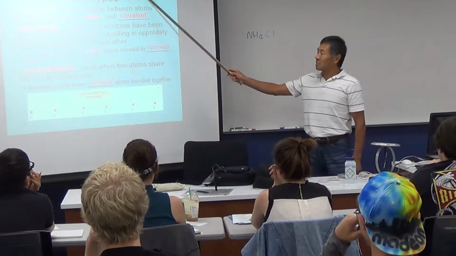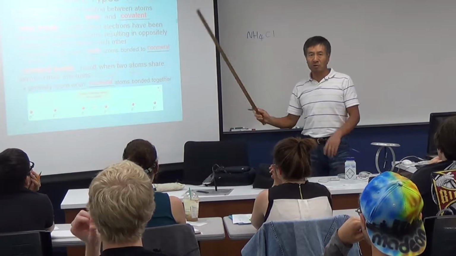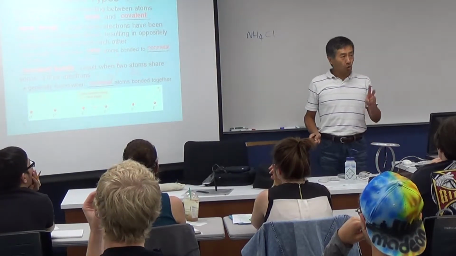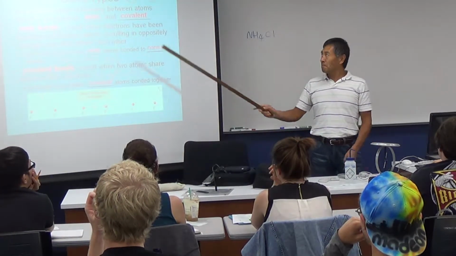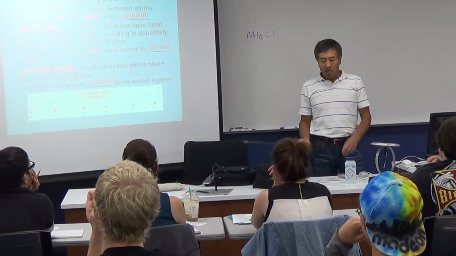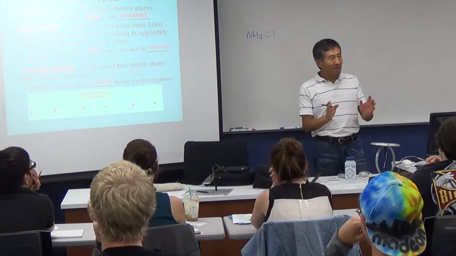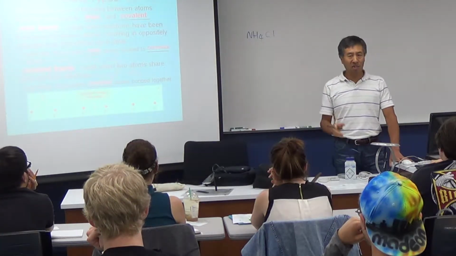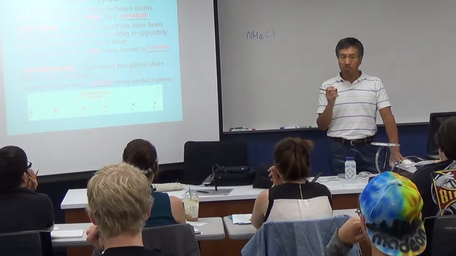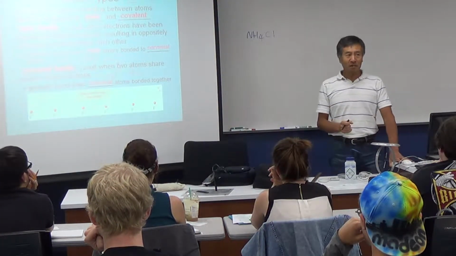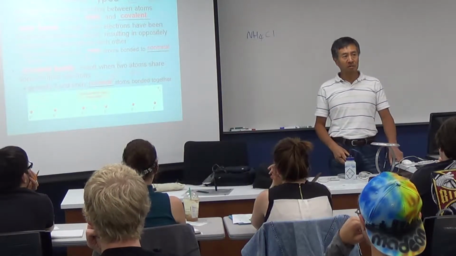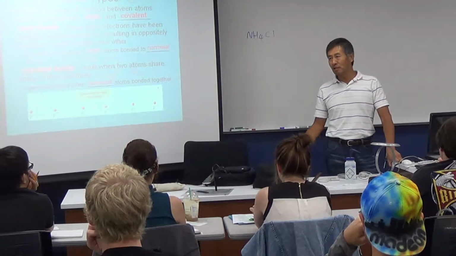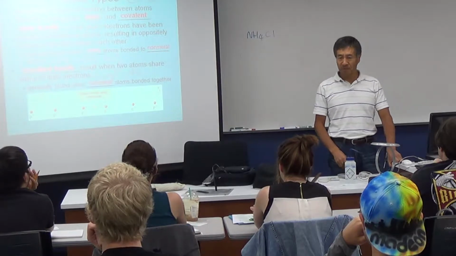So you will see that the two point charges, the positive here and negative here, are better defined. The Na is always plus and Cl always negative. Therefore, the possibility of those attractions is better than the attractions for the covalent bond.